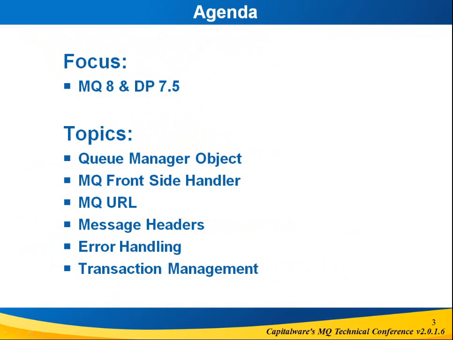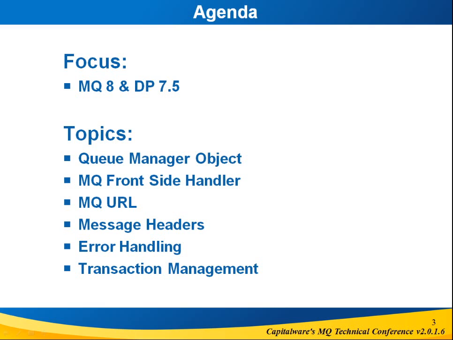So the focus for this class is going to be primarily looking at MQ version 8 integrating with DataPower firmware version 7.5. The topics we're going to be covering specifically include the Queue Manager object and how to define it, the intricacies of the MQ frontside handler, the MQ URL that's used on the back end of a multi-protocol gateway, how to handle message headers that are embedded inside of MQ, how to handle message errors that occur, and also transaction management very specifically.